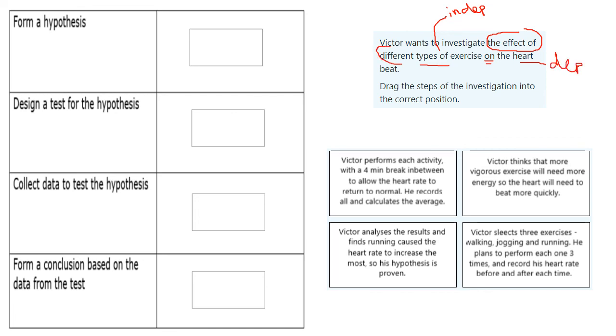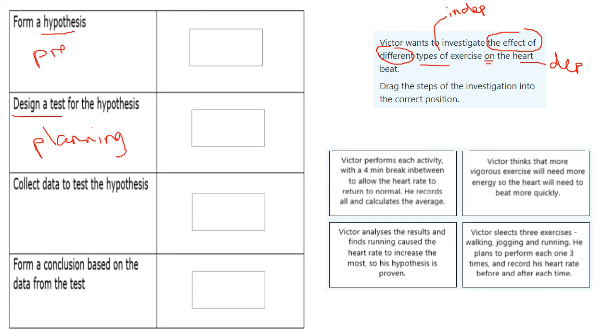We see the different types. So that is giving you a clue that the type of exercise is the independent variable, and it has the effect on something. It is the cause of the change in the heartbeat. So making a hypothesis means predicting what will happen. Designing means planning how to test this.